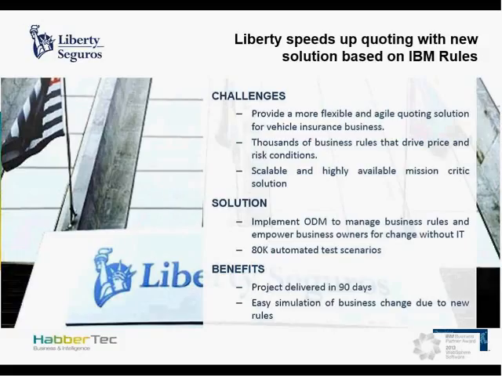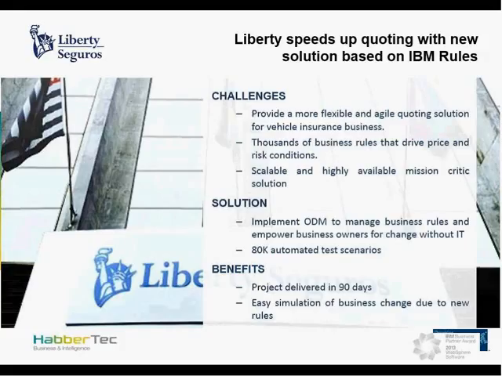And the other very interesting part is the way we manage that. There are 80,000 different test scenarios built on top of this solution, so that they can check whether all the rules are correct or not. It was very fast to deliver this project, in about 90 days, and it's very easy to simulate different conditions.